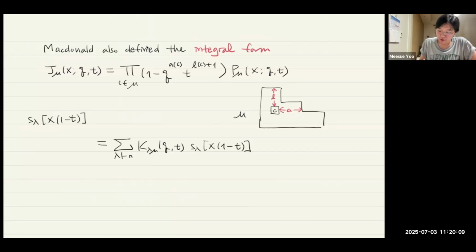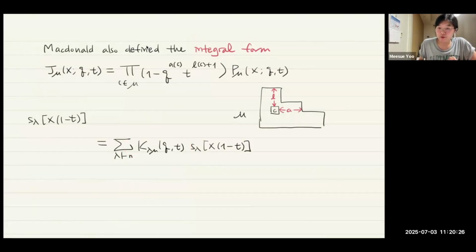McDonald conjectured that these coefficients are Q,T positive, and this is the famous McDonald positivity conjecture. Of course, we know that in 2002, Mark Haiman proved that they are positive. So this is a theorem.